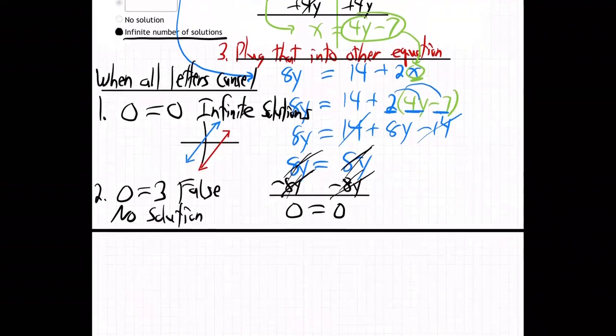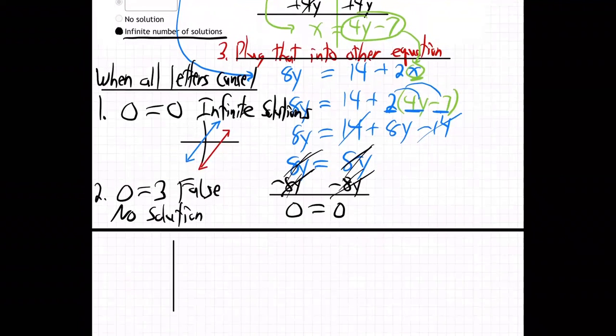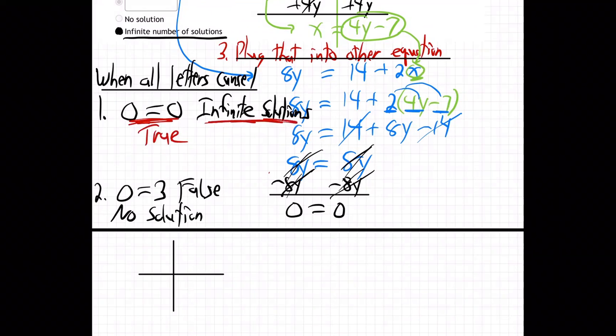Oh, wait a minute, I drew this wrong, didn't I? I got the pictures backwards. Let me go back and try again. So this one is a true statement. So that's why it's infinite solutions.